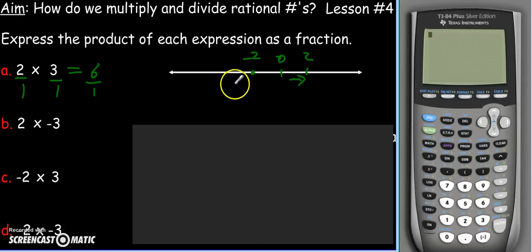That's one thing that happens when you multiply by a negative. It reverses the number. So this is going to switch to here. Okay, and you have 3 groups of it. So this is one group of negative 2, and we have 3 of them. 1, 2, 3. So that's negative 6.